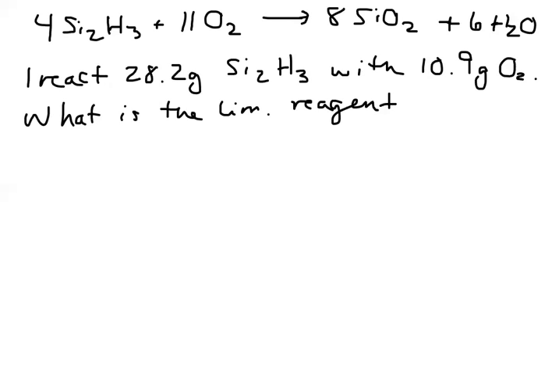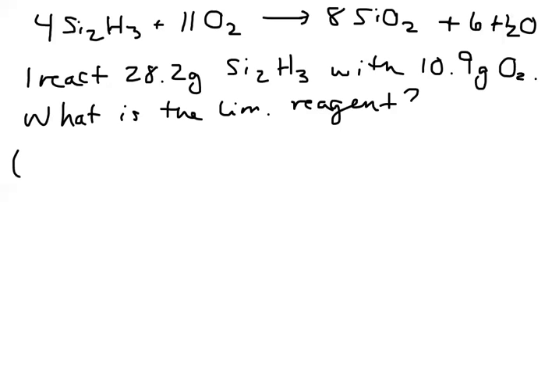And going to two different products involves a different molar ratio and also a different molar mass. So if you take this amount and you go to H2O and this amount you go to SiO2, it'll be like comparing apples and oranges. You want to compare apples to apples, or oranges to oranges.